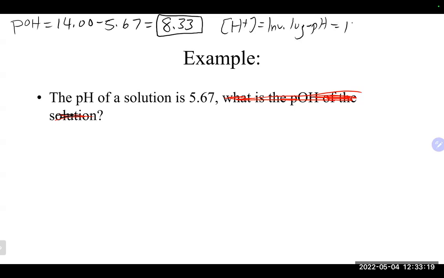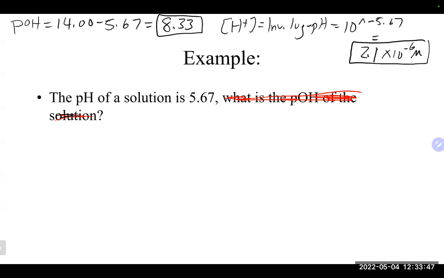So that's going to be 10 caret minus 5.67. That will give me roughly 2.1 times 10 to the minus 6 molar.